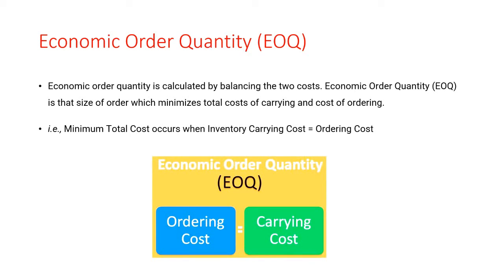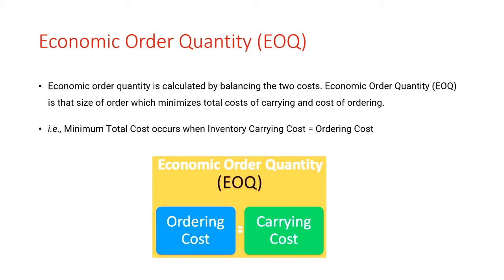For the first decision, how much to order, there are two basic costs we consider, namely the inventory carrying cost and the inventory ordering cost, or we can say the acquisition cost. As the quantity ordered is increased, the inventory carrying cost increases, while the ordering cost decreases. The order quantity means the quantity produced or procured during one production cycle.